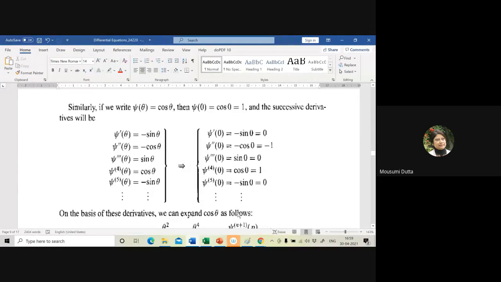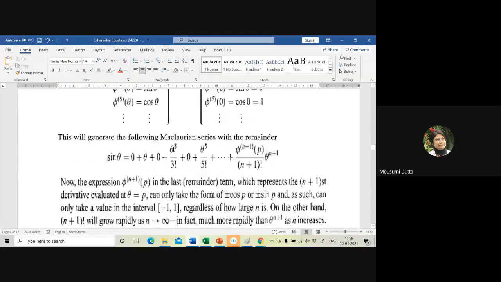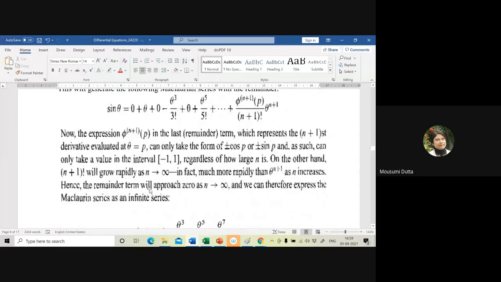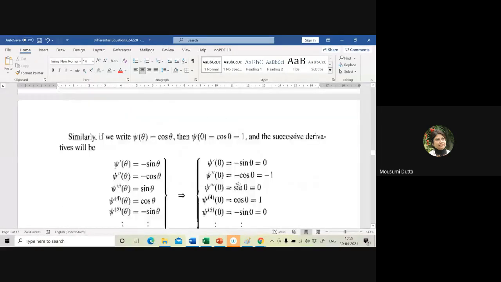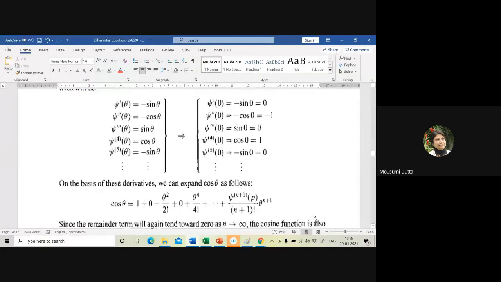And again, we are getting the values 0, -1, 0, 1, 0. So it is moving within the band -1 to +1 once again. So the things which I have written here will be applicable in this context too.